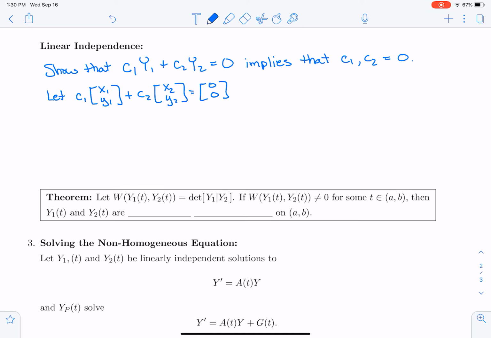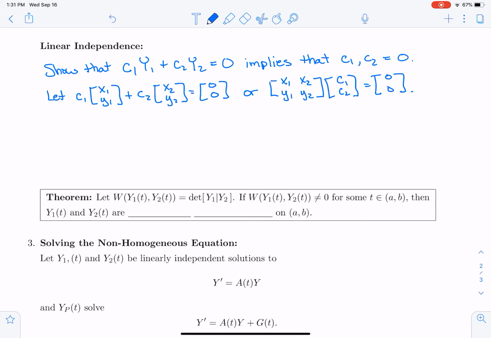Okay, or we can write that in matrix vector notation as the matrix x1, x2, y1, y2 times c1, c2 equals 0, 0. Okay, so we have now a system of two equations and two unknowns. When we were dealing with second order differential equations, we had to take a derivative in order to find that second equation. But here we naturally just have two equations and two unknowns.